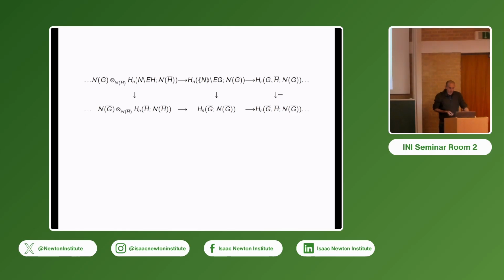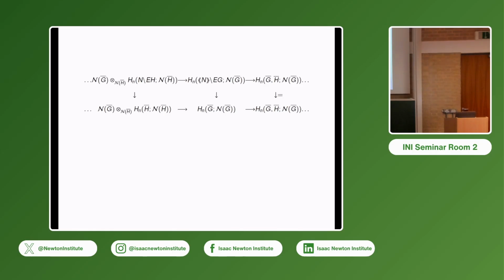What you get is a long exact sequence here and a long exact sequence here, and this is the excision here. Maybe I should just stand here. Sorry, so I'm not tempted to go near the computer. So you have a long exact sequence here and a long exact sequence here, and this is the excision here. And I'm just conveniently replacing G, H with G bar, H bar.